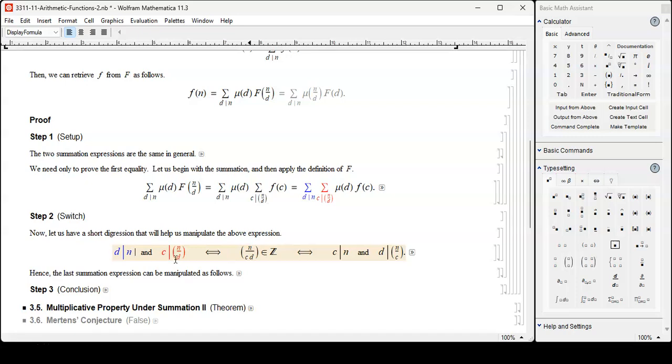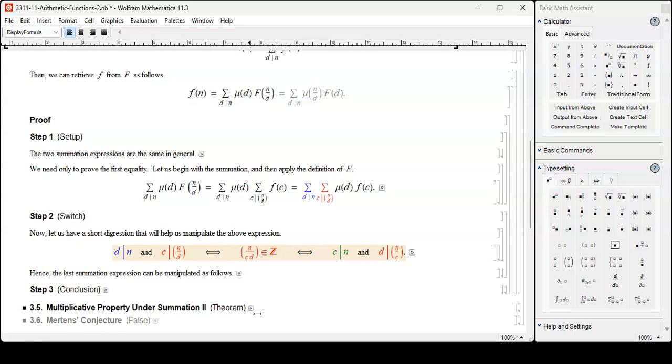Now, this blue and red associated to this blue summation, red summation can be put together into this single expression, and then later on it can be re-expanded into c dividing n and d dividing n over c. That's our claim.